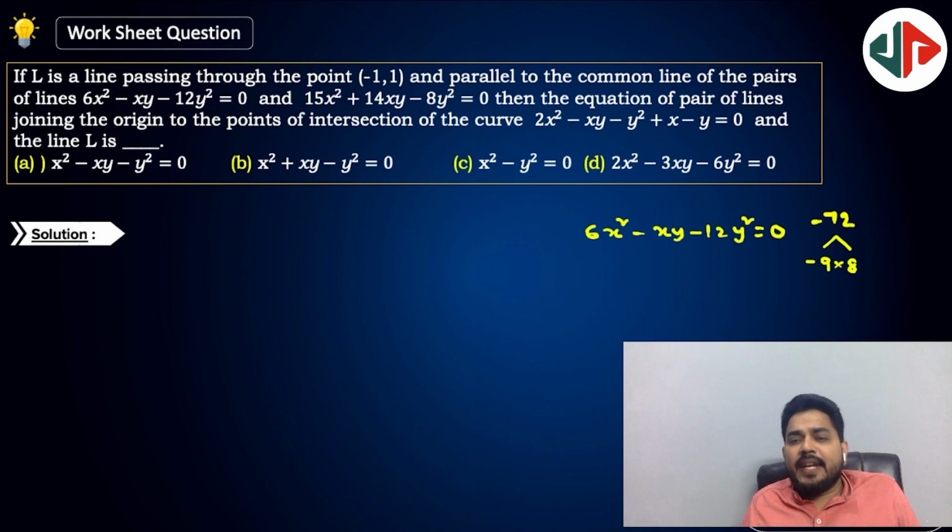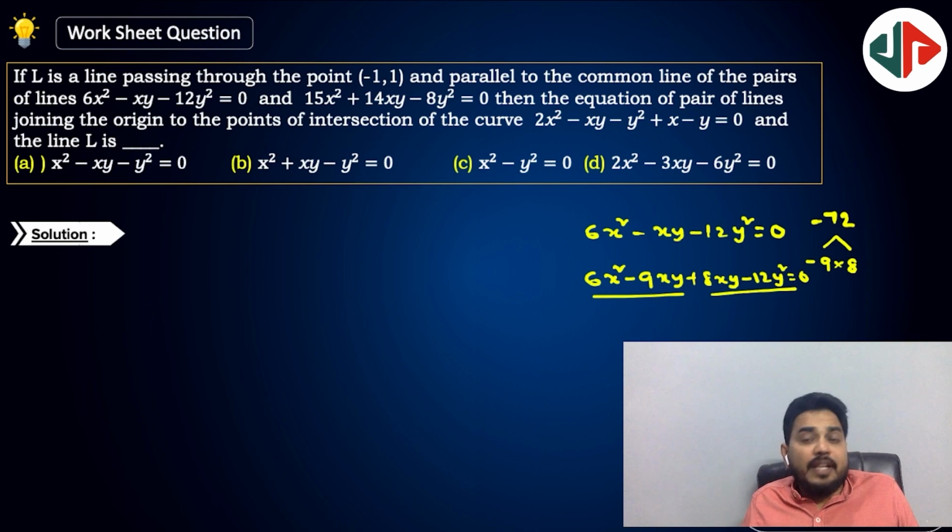So I can write it as 6x square minus 9xy plus 8xy minus 12y square is equal to 0. From here you can take 3x common, from here you can take 4y common. So I can write it as 3x plus 4y into 2x minus 3y is equal to 0.